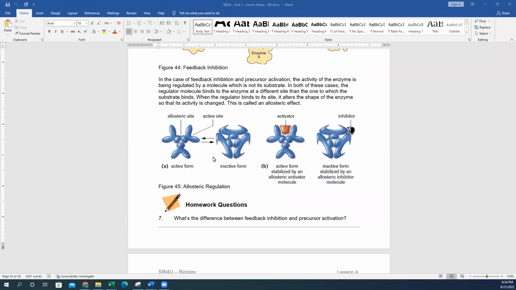So if you can imagine this enzyme that can adopt both an active conformation and an inactive conformation, in the presence of an activator, it is the active form that is stabilized. But in the presence of an inhibitor, what that molecule is doing is stabilizing a form that cannot carry out the reaction.